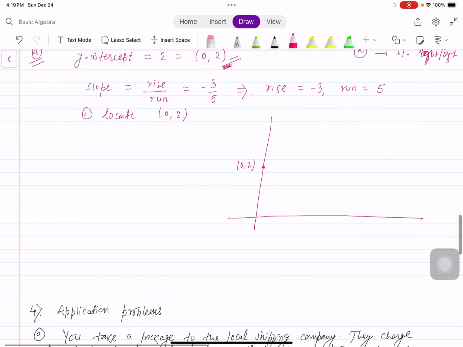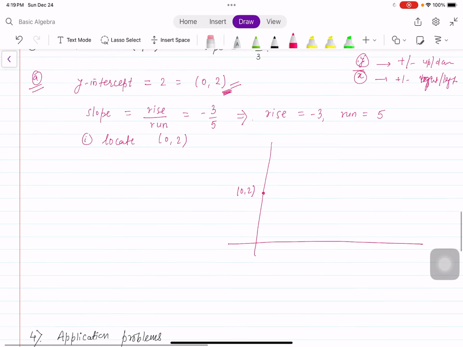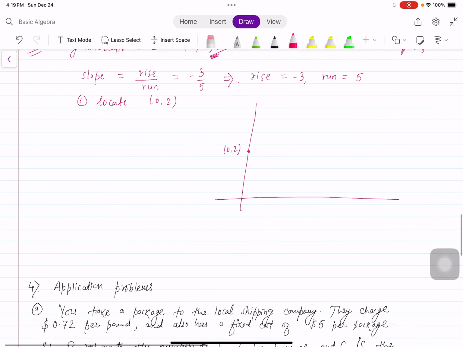So once we locate (0, 2), what is our rise? Rise is along the y-axis. It is -3, so 3 units down. So this is go 1 unit down, 2 units, 3 units. So what should this point be? This point should be (0, -1), correct?